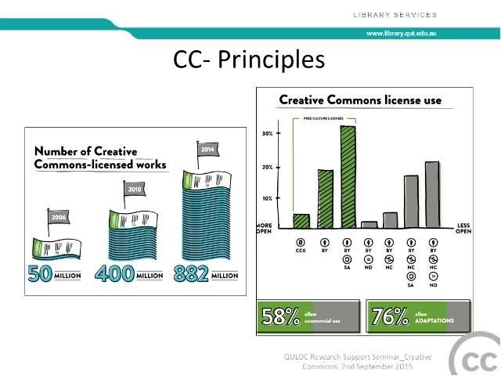Just some background information that was provided in the 2014 Creative Commons State of the Commons report. It just shows you that the conservative estimate in 2014 was that there are approximately 882 million CC licensed works.